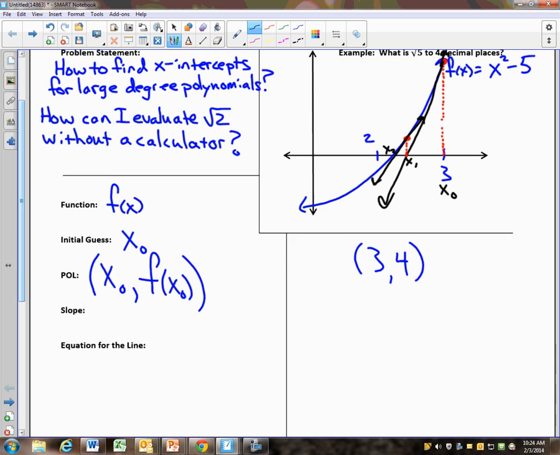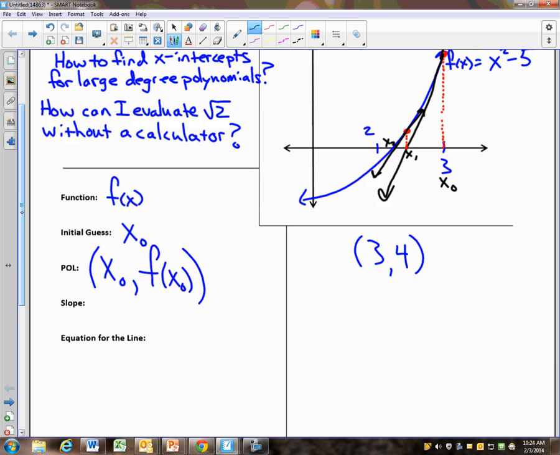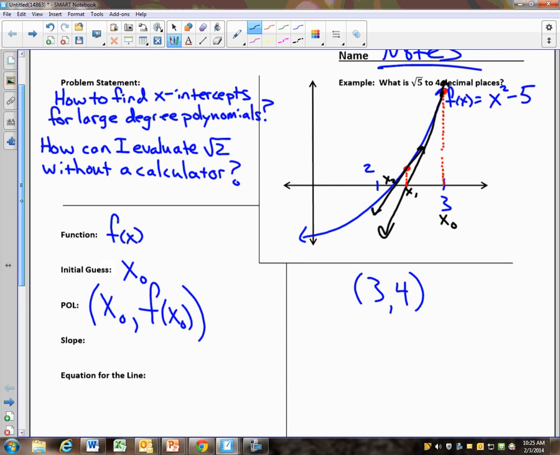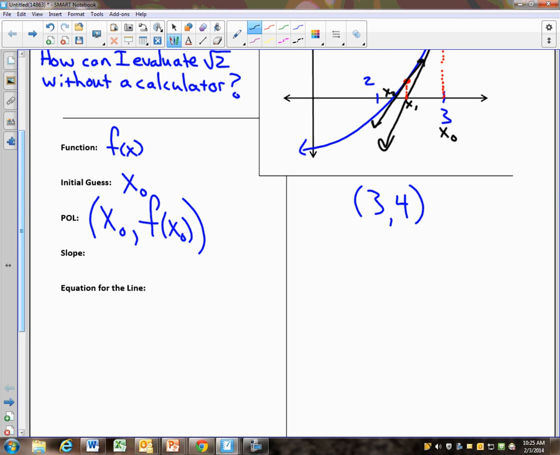And so that's what we're going to do. Now, in order to make this work, we need to find a slope so we can write the equation for the tangent line. Let's think about what we're doing. We know that the point is (3, 4). How do I come up with the slope of that line? Take the derivative. What is the derivative? f prime of x is equal to 2x.